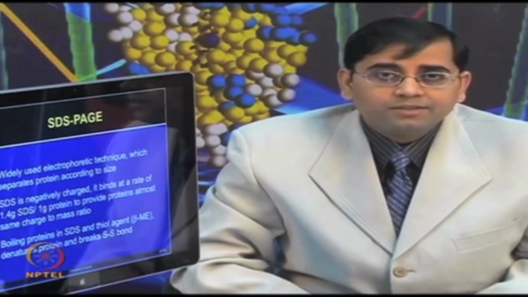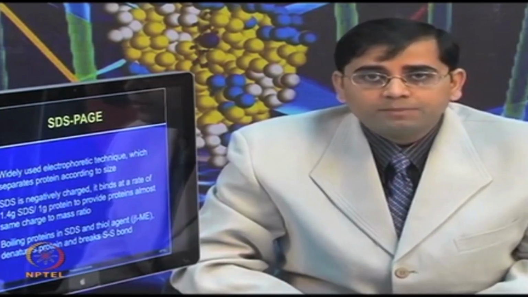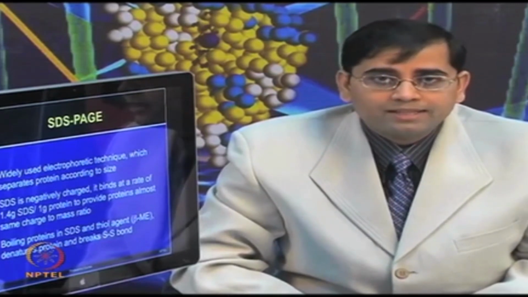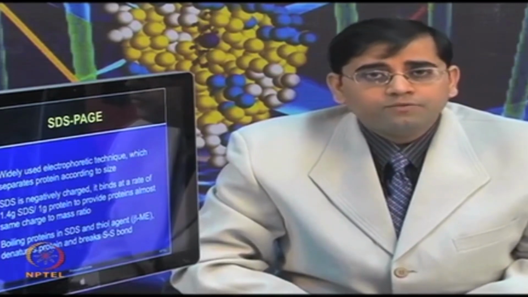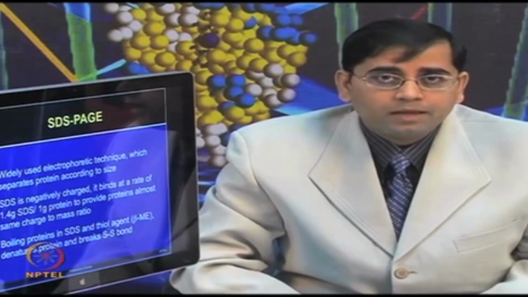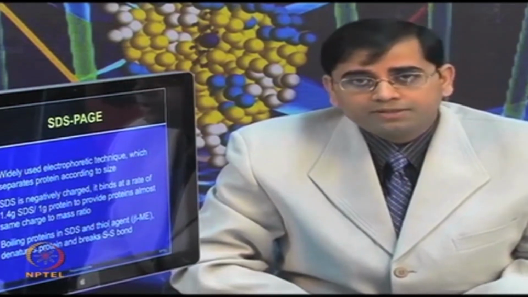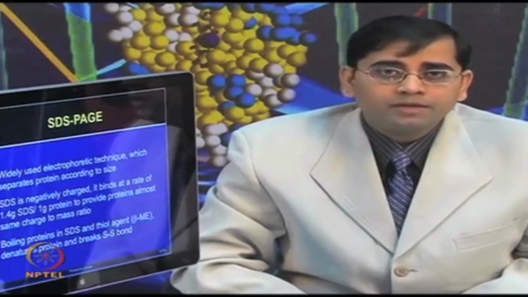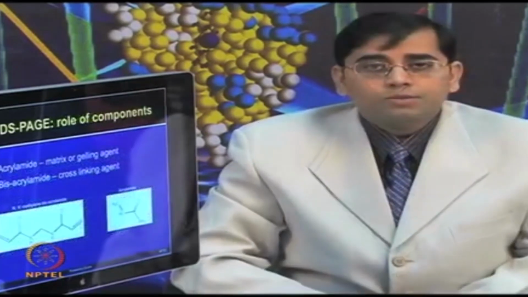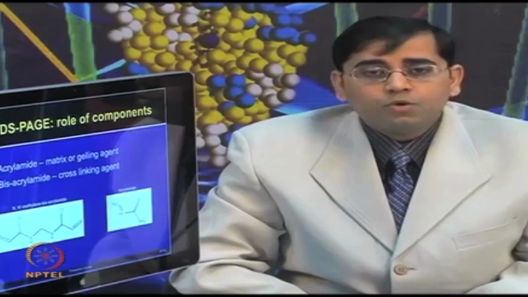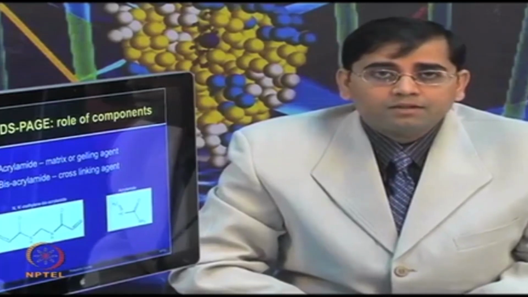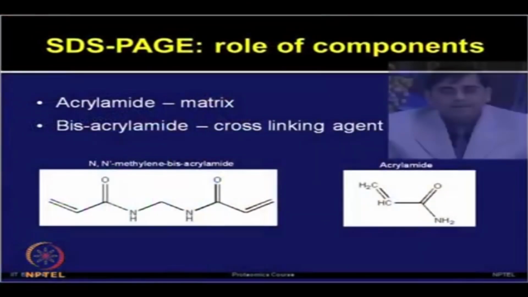Since you cannot do this boiling step in two-dimensional electrophoresis, where you have already focused the IPG strip in the first dimension, you need to do the equilibration step. Rest of the steps will be very uniform. So, let me describe the role of the components which are being used in SDS-PAGE.